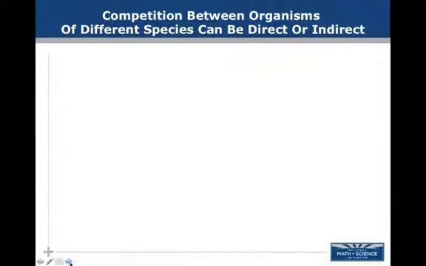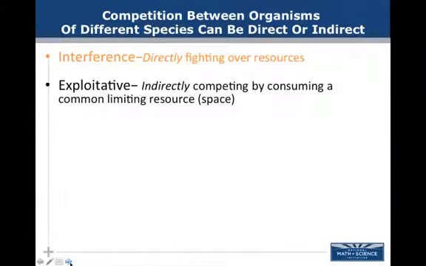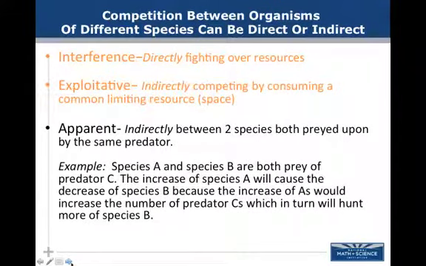Competition between organisms of different species can be direct or indirect. You can have interference, which is direct fighting over resources. You can have exploitative, which is competing by consuming common limited resources. And so someone could come in and exploit a habitat, maybe take over space or something like that.